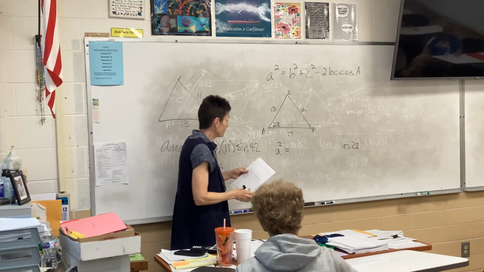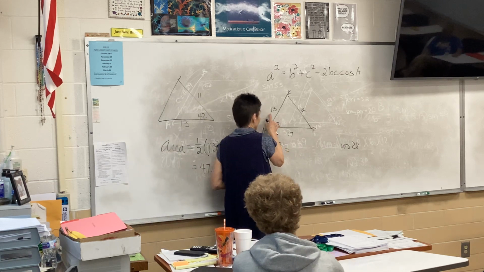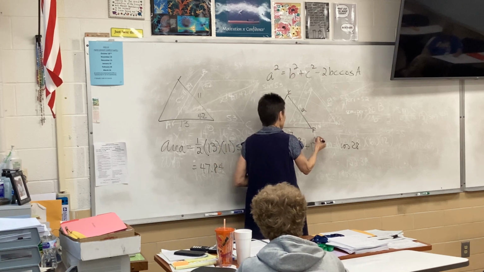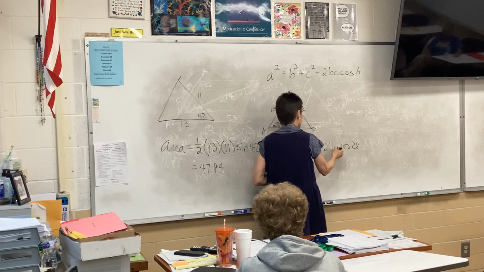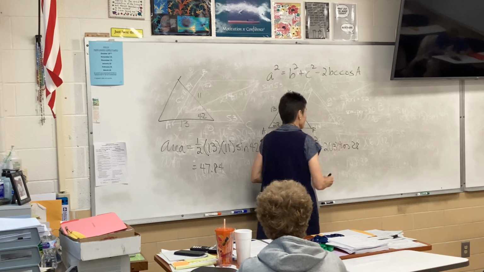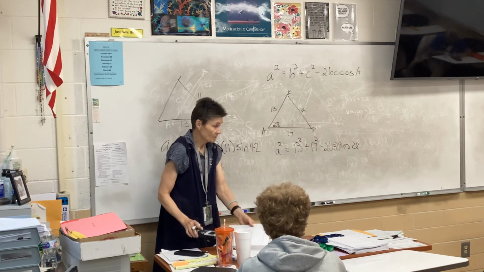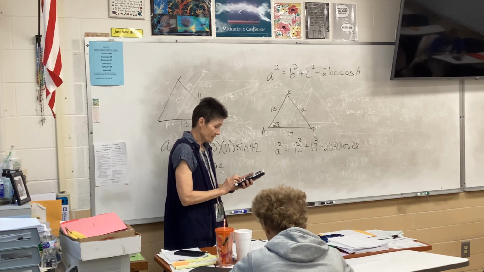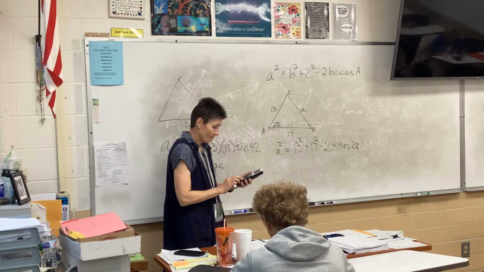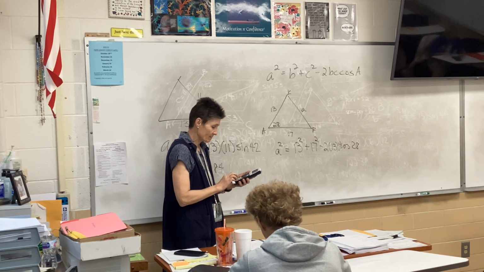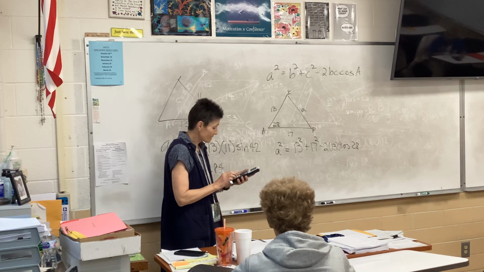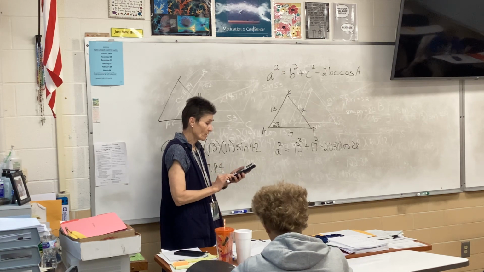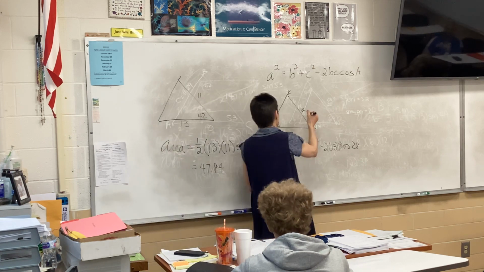And then what goes in the middle? 13 squared plus 17 squared minus 2 times 13 times 17 times cosine 28 equals, and then we're going to square root that.